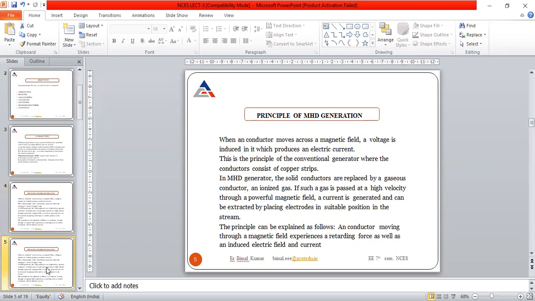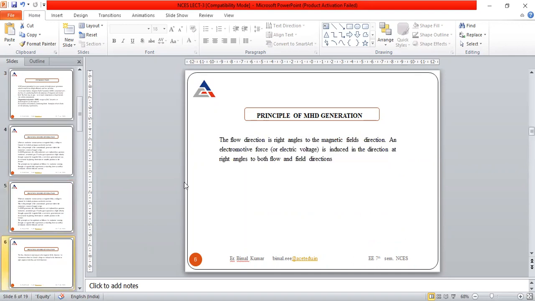Now, in continuation, the flow direction is at right angle to the magnetic field direction.